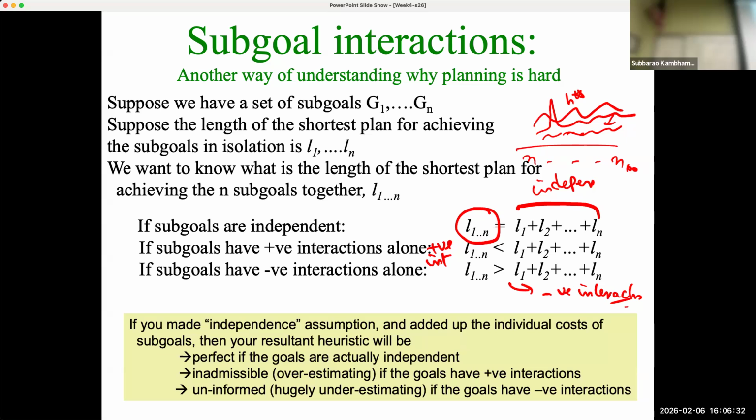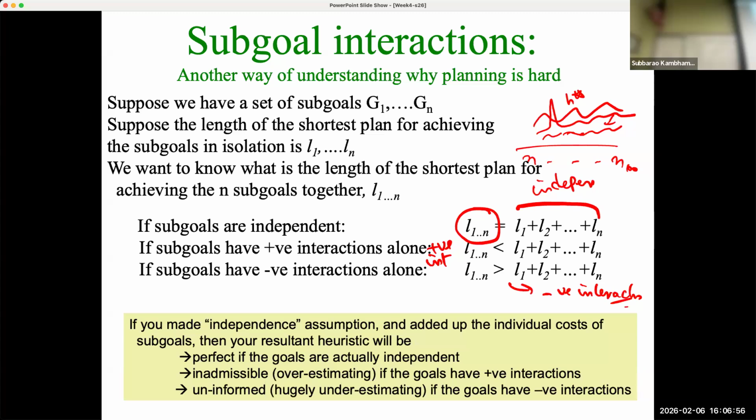One way of thinking about it is, imagine I have sub-goals G1 to Gn, and I have plans P1 to Pn corresponding to G1 to Gn. If they are independent, then essentially I can combine them in any order and it will be a plan for all the goals.